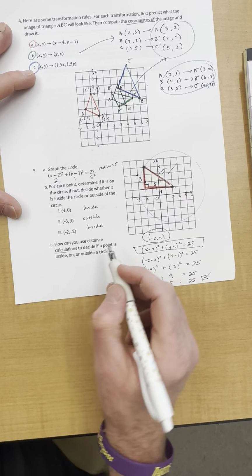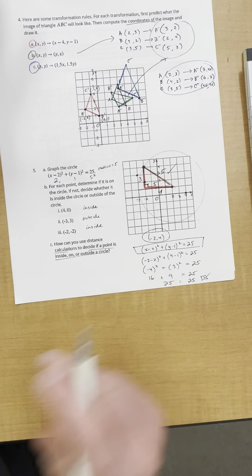How can you use distance calculations to decide if a point is inside, on, or outside of the circle?